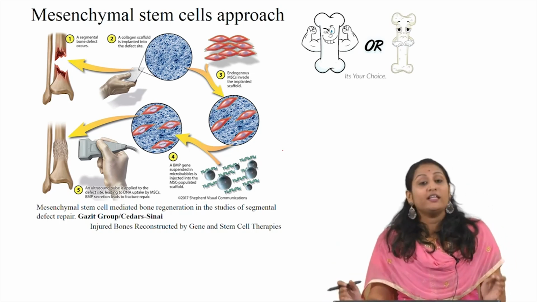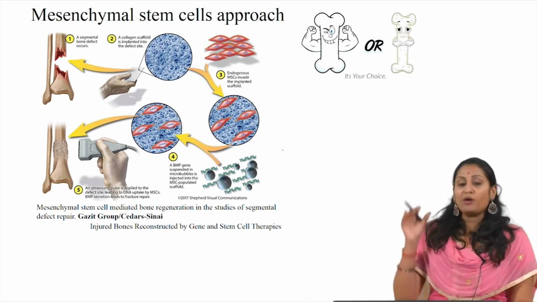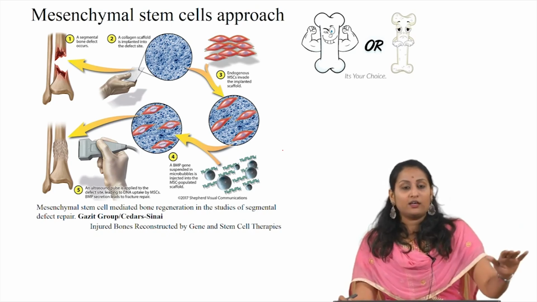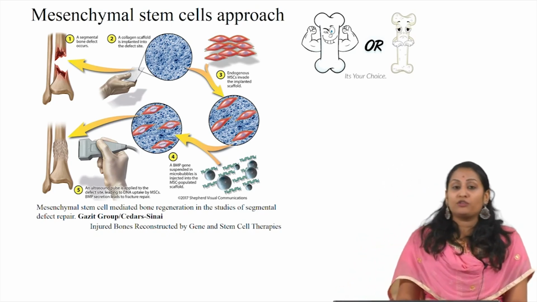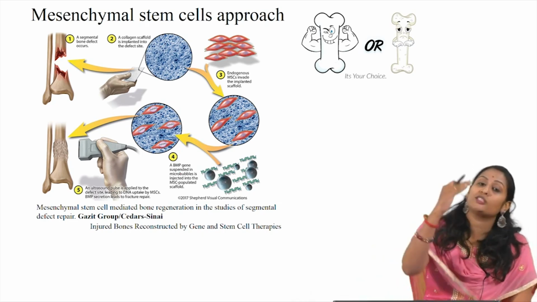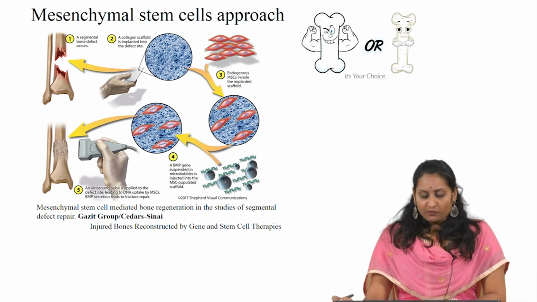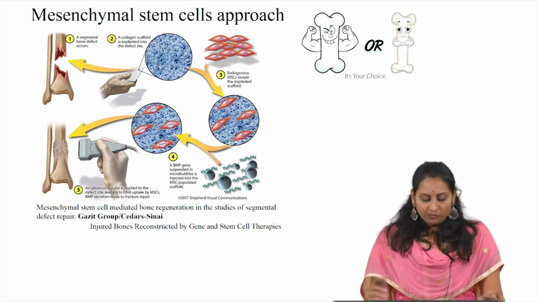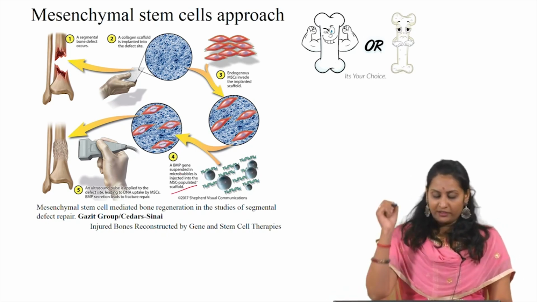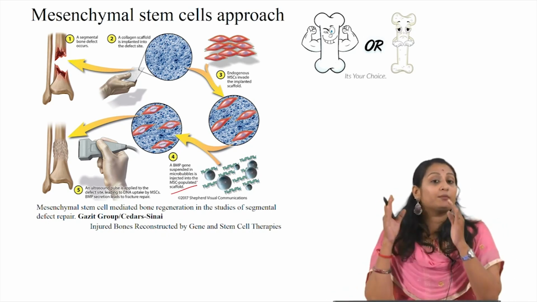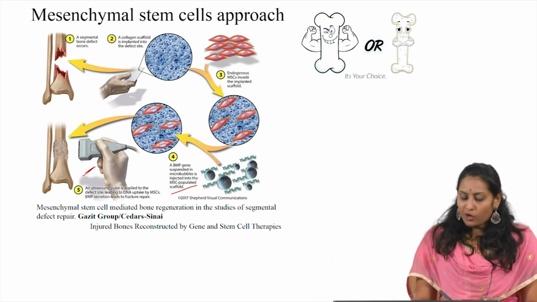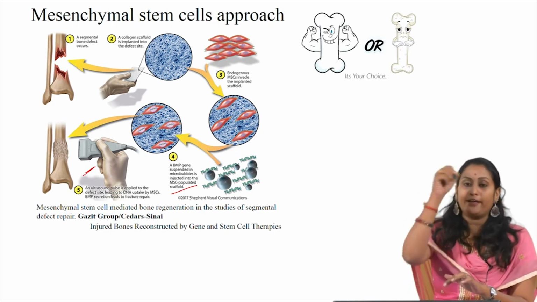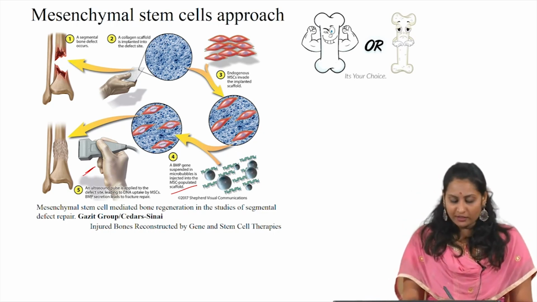Then this research group, with the help of ultrasound, injected BMP, bone morphogenetic protein, to start the bone repair process. They suspended it in microbubbles and injected it into the mesenchymal stem cell populated scaffold, and with the ultrasound, the gene entered into the cells with the external stimuli.